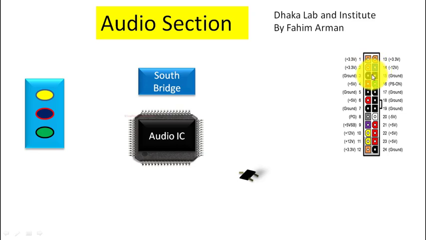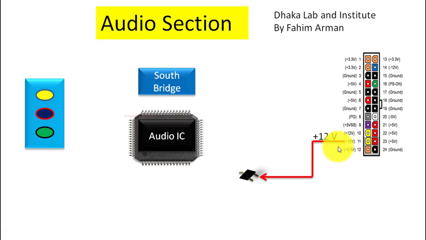There are a lot of colorful wires. Actually these colorful wires will carry voltages, signals, or maybe ground. So from these colorful ports we'll get the voltages and signals.